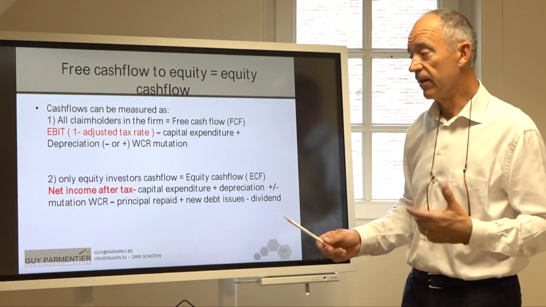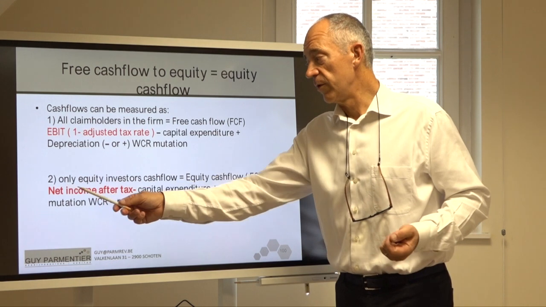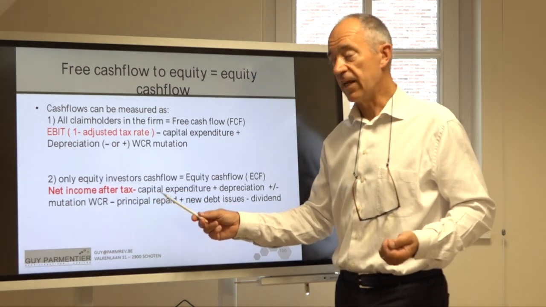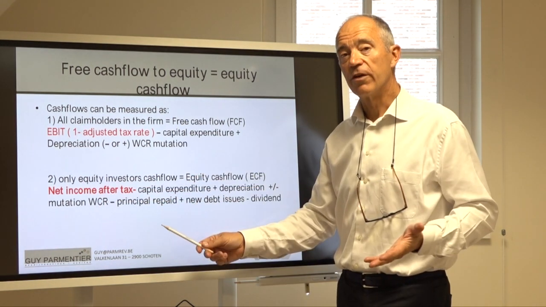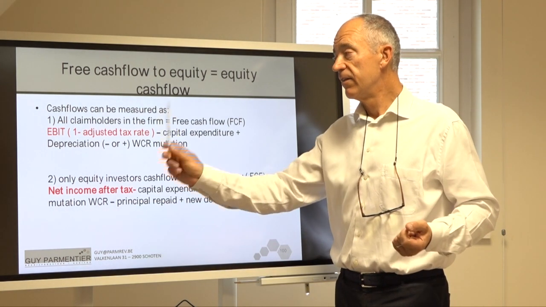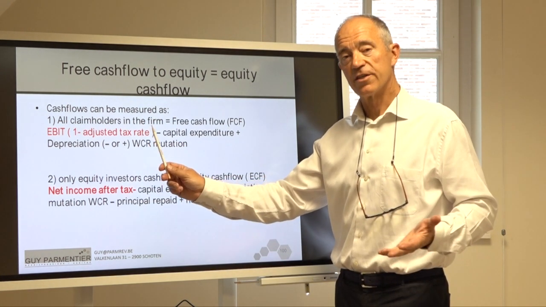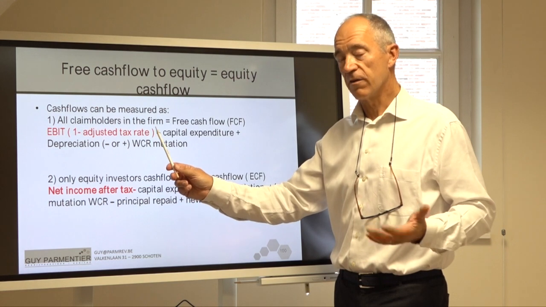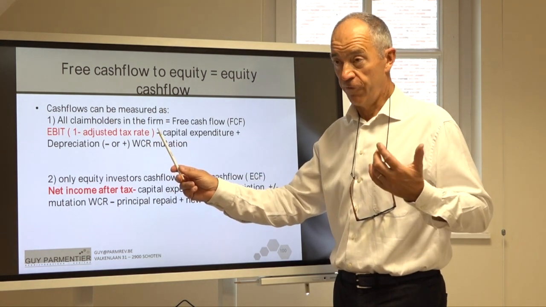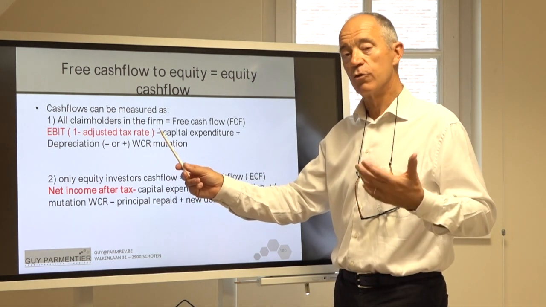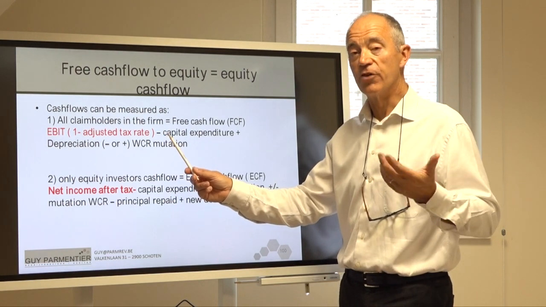If you're calculating an equity cash flow, you will start with your net income after tax. So it's a huge difference in the way of calculating. This one needs fewer assumptions, and that's the reason why in a lot of cases the entity or firm value is used to calculate the value of the shares.